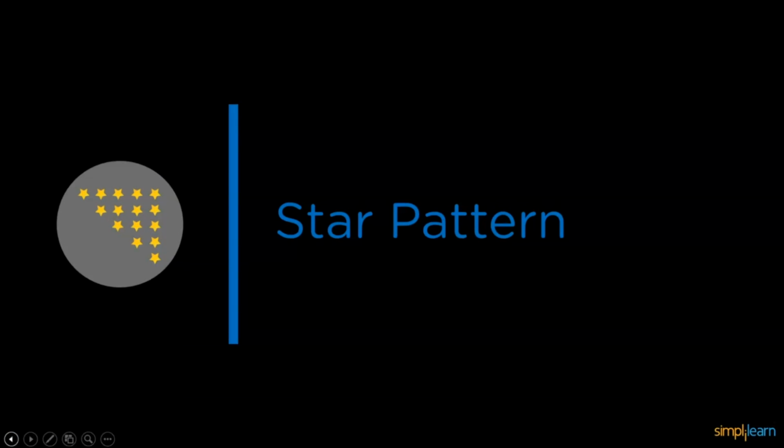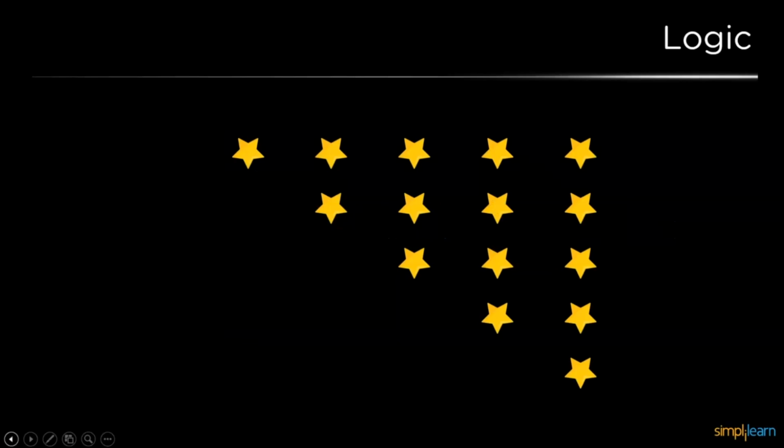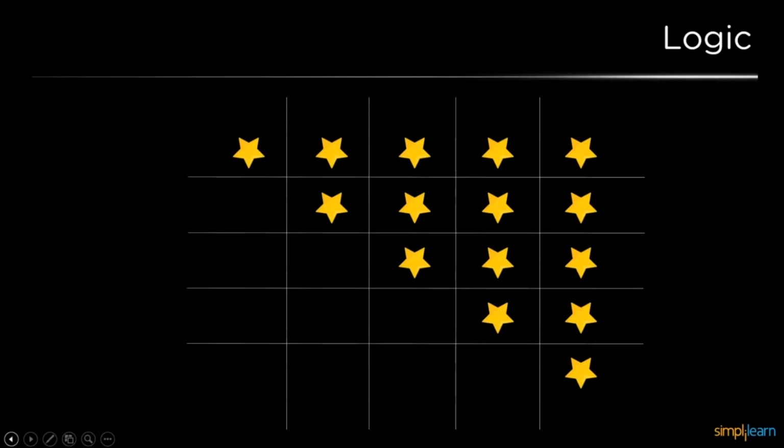Next, inverted mirrored right angle triangle pattern. It is similar to the previous pattern, but the pattern is inverted. So here, as you can see, first we have 5 stars and in the second row we have first a space and then followed by 4 stars, then 2 spaces followed by 3 stars and so on.